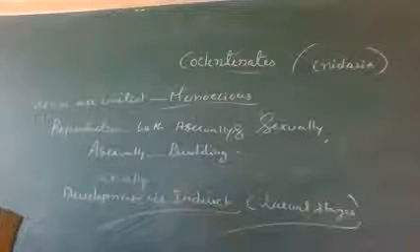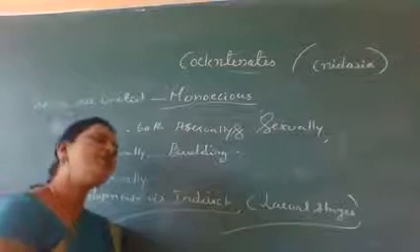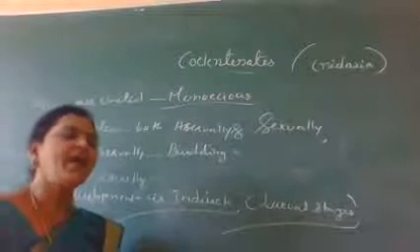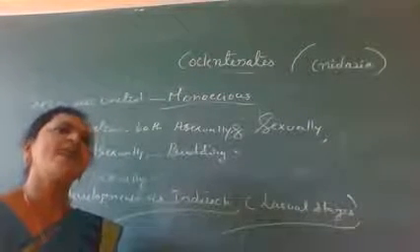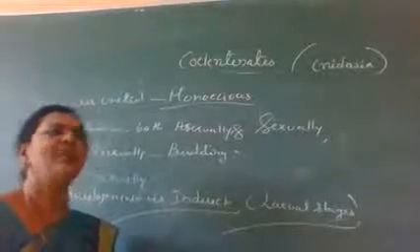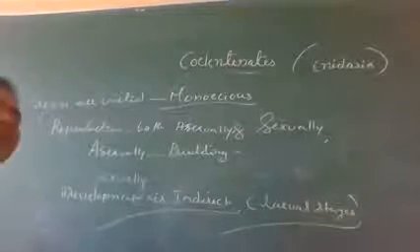Why did these get the name cnidarians? Because these animals are provided with stinging capsule-containing cells called nematocytes or cnidoblasts. Therefore, these are called cnidarians. Why are these called Coelenterata?